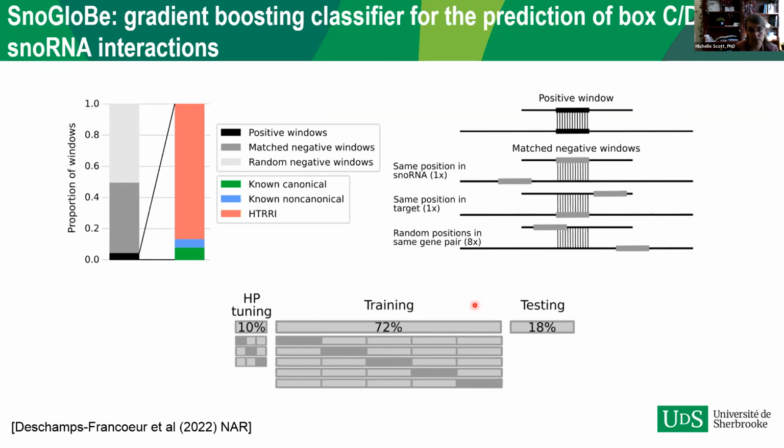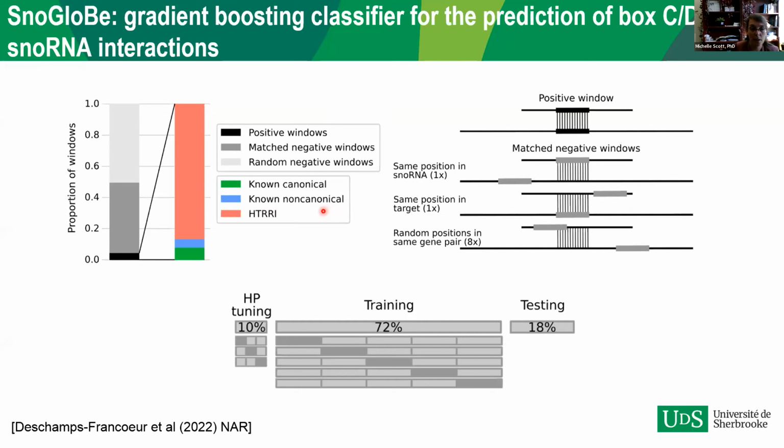One thing that we wanted to ask by creating this predictor is that we're very interested in non-canonical interactions, of which there are few available in the literature, and we really want to be able to predict them transcriptome wide.